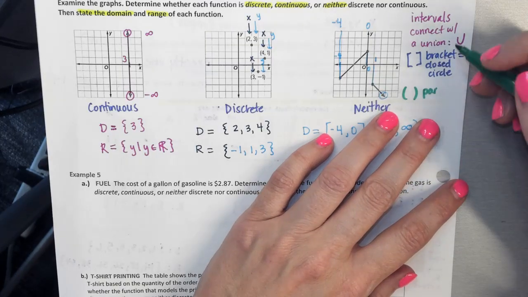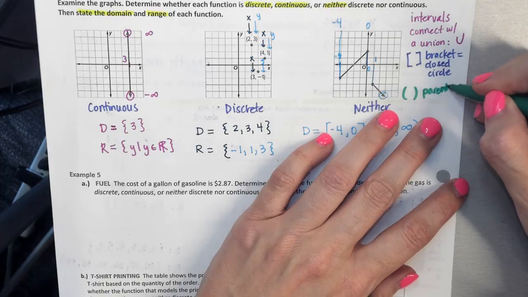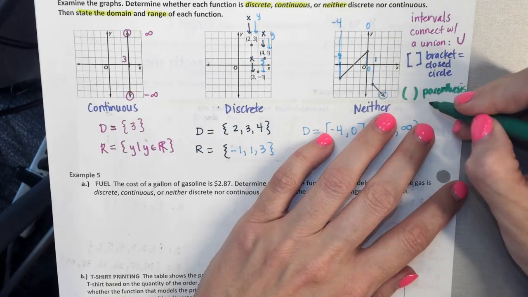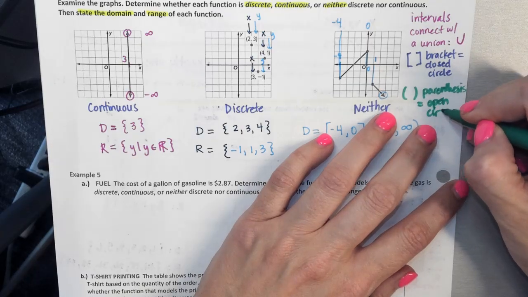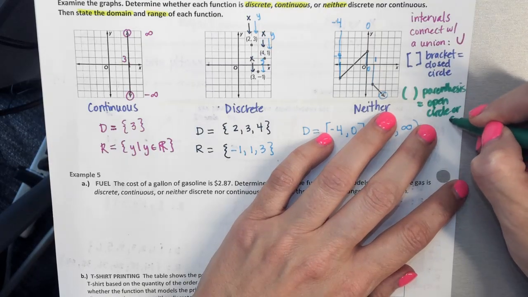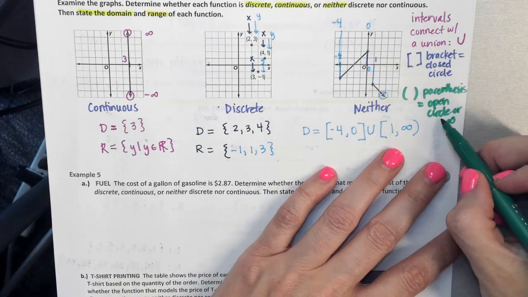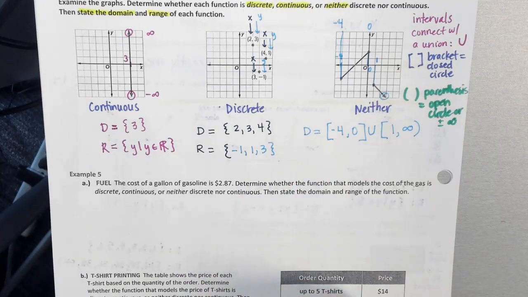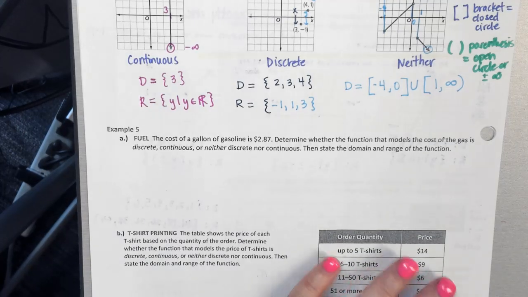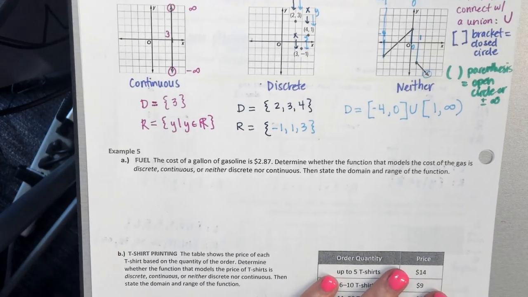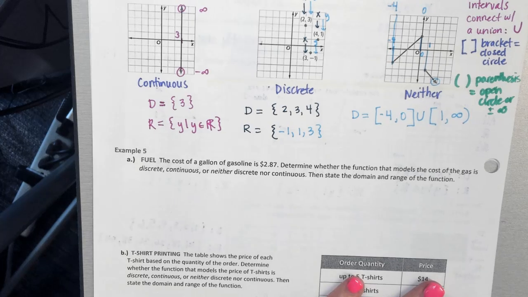It's parenthesis. That's how I remember. Okay, and that's an open circle or an infinity. It doesn't matter if it's positive or negative. So parentheses are going to be if you have an open circle on the graph or if you're going to infinity. Okay, so you have the arrow.